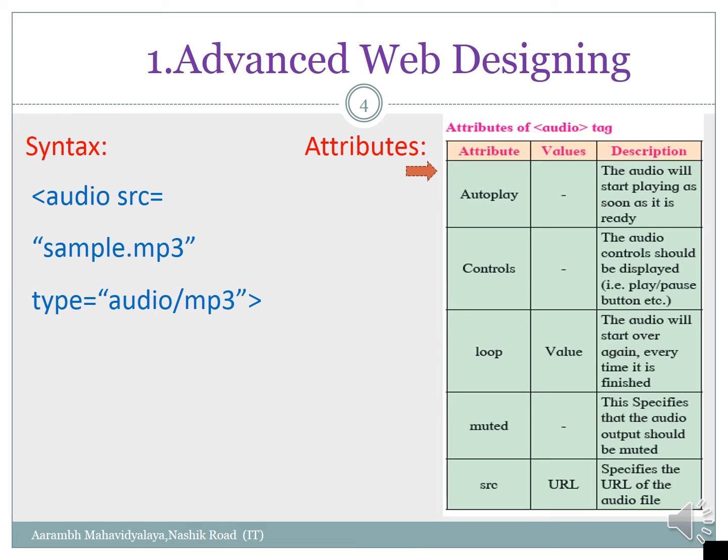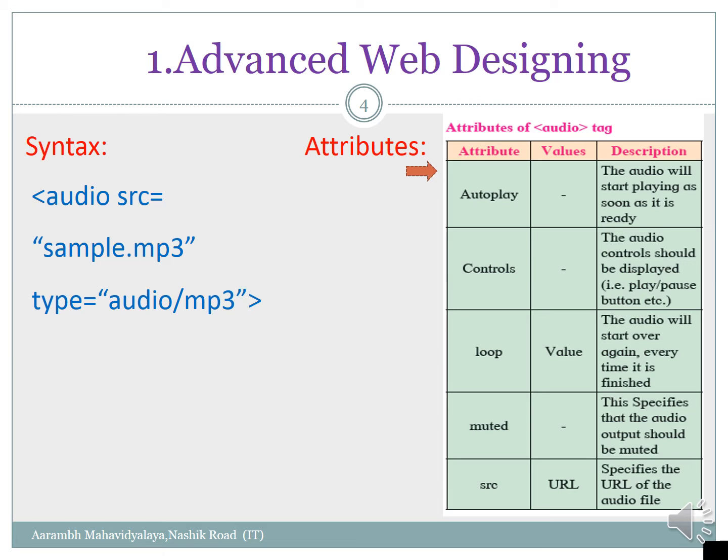Now see the attributes of the audio tag. First attribute is autoplay. Autoplay will start playing the audio file when the web page is loaded. Second attribute is controls. Controls are used to display play, pause, stop, forward, backward, volume controls, that is buttons, on an audio player.